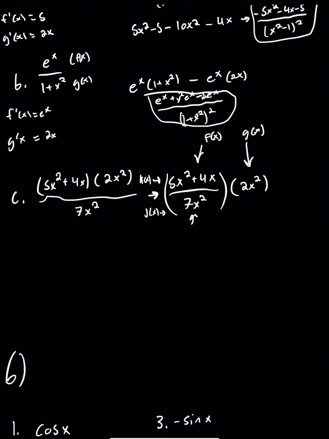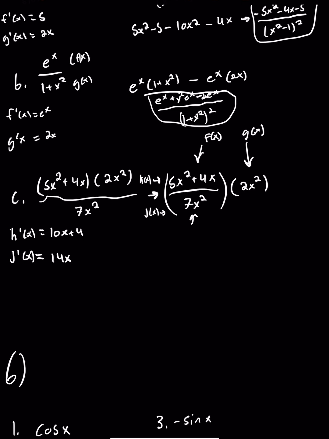So that's going to end up being h prime of x, j prime of x is equal to 10x plus 4, 14x.